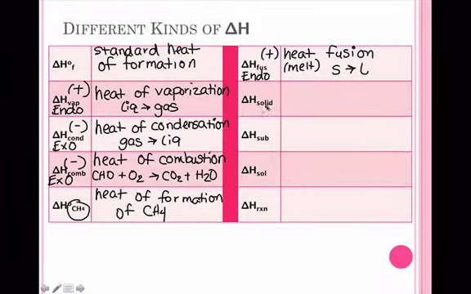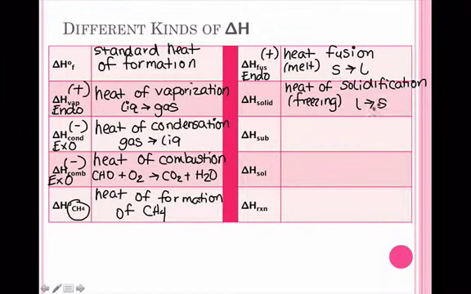The next one right here is the heat of solidification. Fancy word for freezing. So freezing is when we go from a liquid to the solid. It's the opposite of the one we just did. That means it's an exothermic process, and this will always be negative.